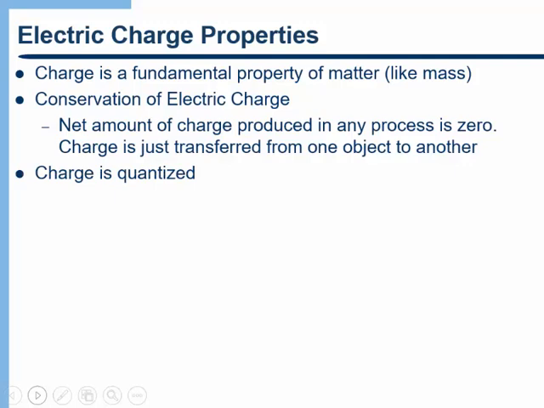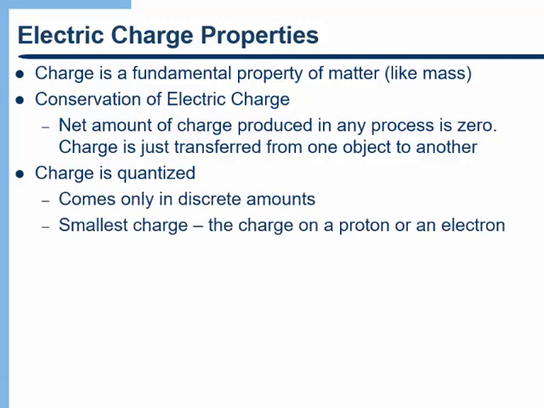Another interesting thing about charge is that charge is quantized. Remember that when you hear the term quantized, it means that the quantity comes in discrete amounts. So what that means is that there is a smallest amount of charge, and you can't go smaller than that.